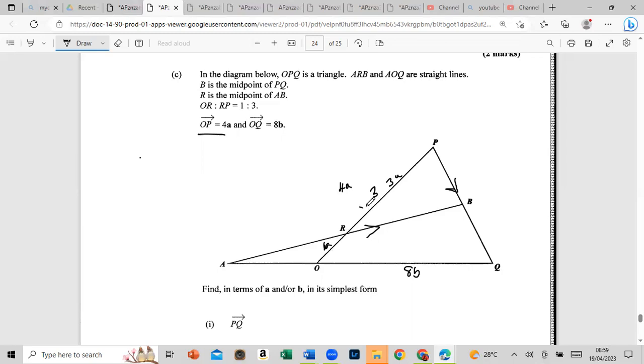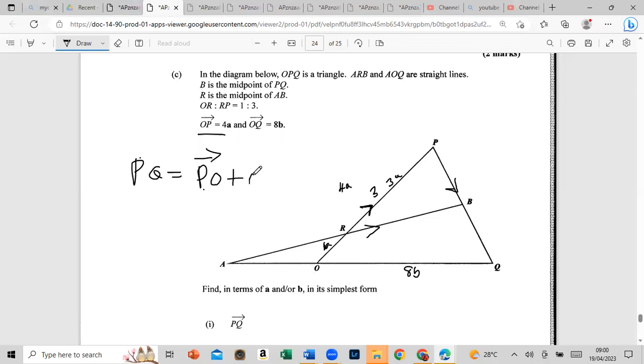So from O to P, the arrow is this way. That's what I was trying to figure out. They say OP is 4A. And they say find PQ. Now for PQ, we don't go directly, as we have discussed. We're going to go PO plus OQ. So this is the rule that we're taking: PO plus OQ.